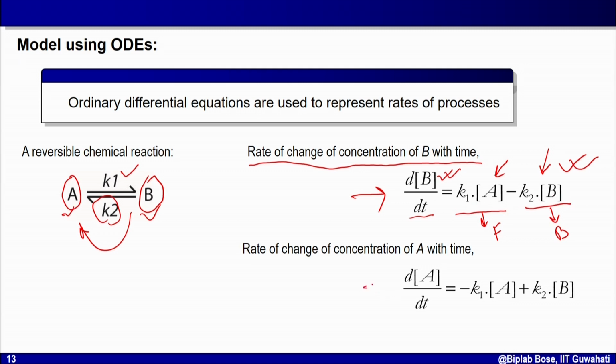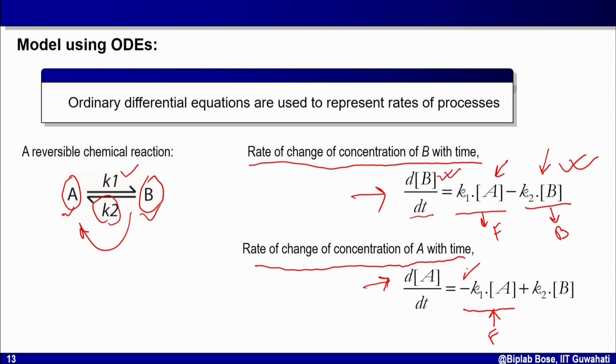Similarly, I have an ODE representing rate of change of concentration of A with time. So I have d[A]/dt equal to minus K1[A]. Remember, this is the forward reaction, and by this process A is getting used up.